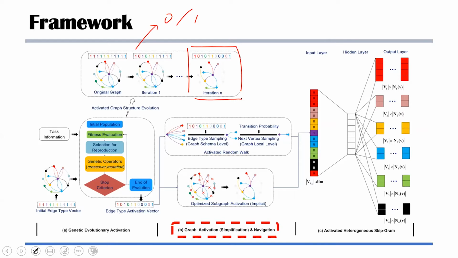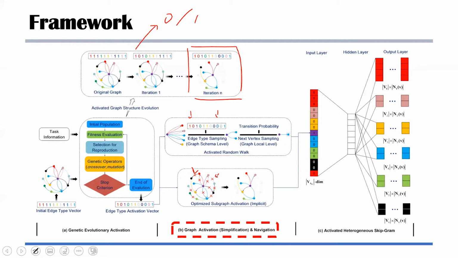And the second part will be even better. That's another key reason why we use a genetic algorithm: when we use 0 and 1 for edge type activation, the graph size is reduced significantly, because we select some edge types and ignore others. Those edges really disappear from the graph, which means the size and topology of the graph can be significantly reduced for random walk.